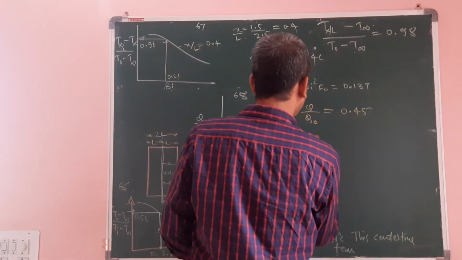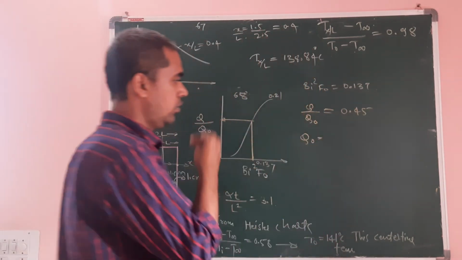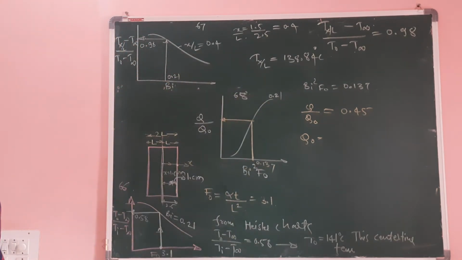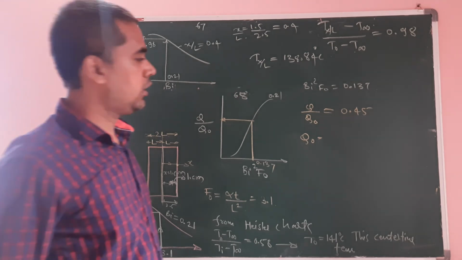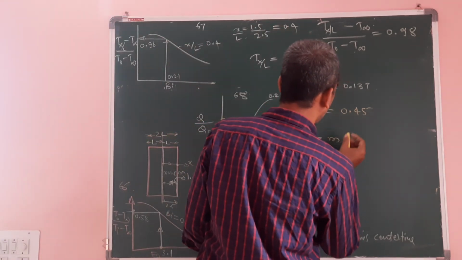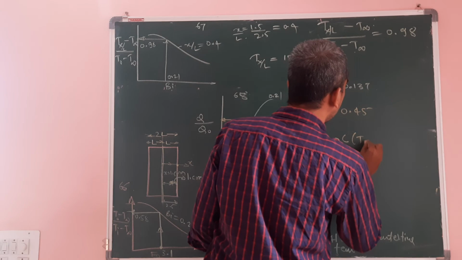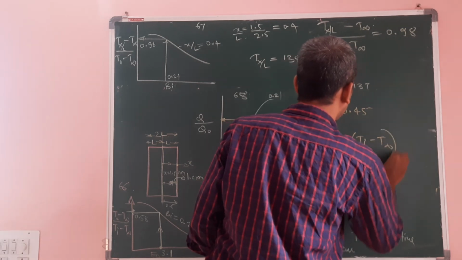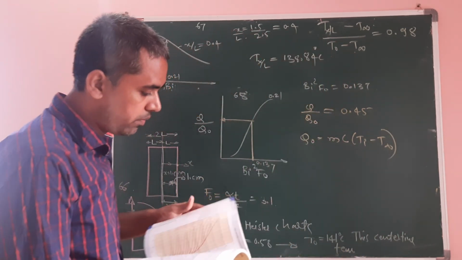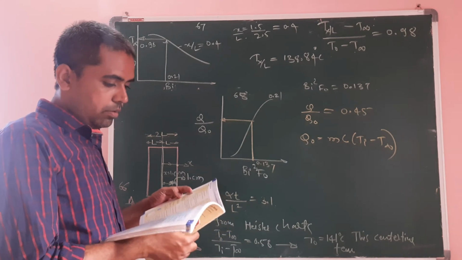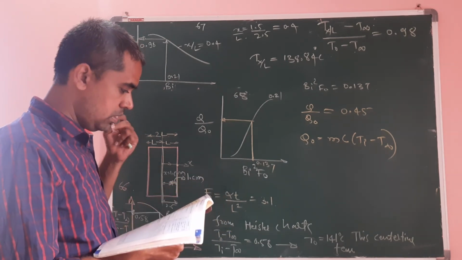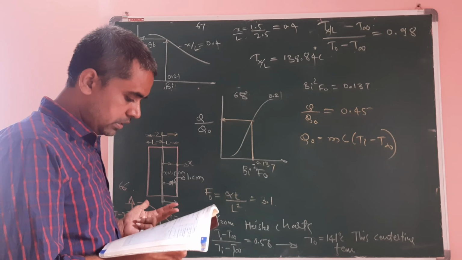What is Q naught? If you refer to the data book, it is available. It is nothing but the heat transfer, m c into (Ti minus T infinity). This formula is also available in the data book on page number 64.